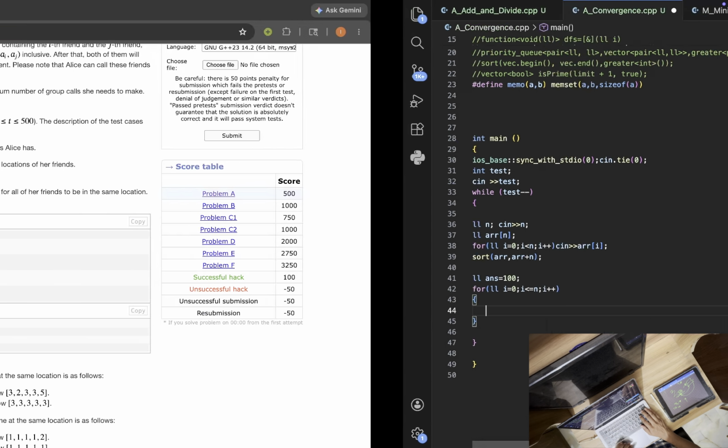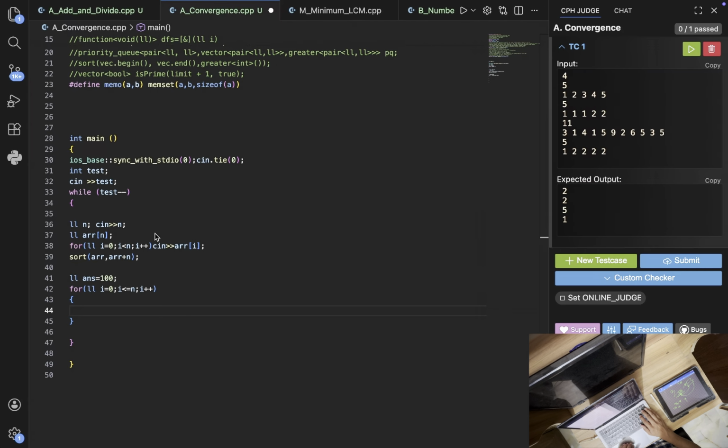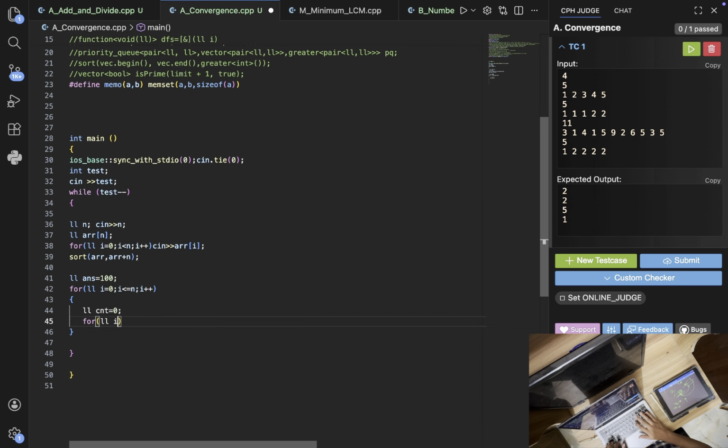Position 0, 1. Actually, that doesn't make sense.